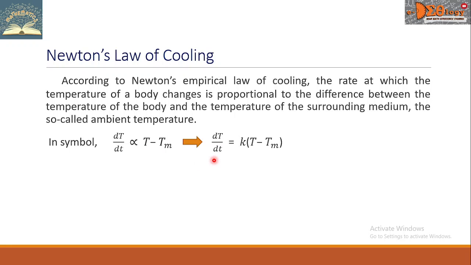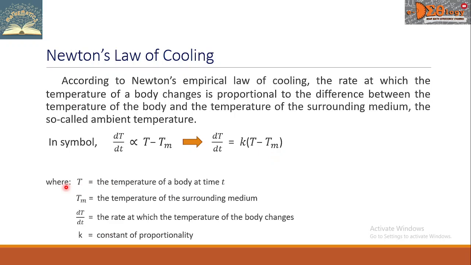In equation, we write it like this: dT/dt is equal to k times the quantity T minus T sub m, where capital T is the temperature of a body at time small t, T sub m is the temperature of the surrounding medium, dT/dt is the rate at which the temperature of the body changes, and k is the constant of proportionality.